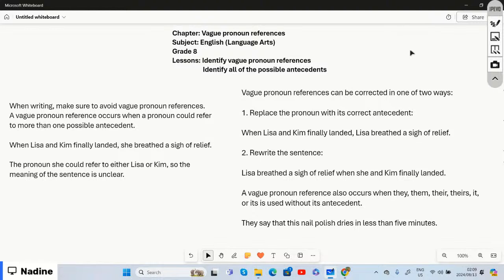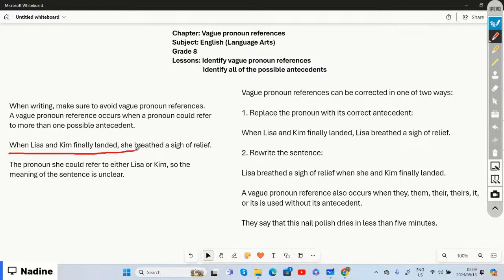If we look at an example of a vague pronoun reference, it says, when Lisa and Kim finally landed, she breathed a sigh of relief. So, she.